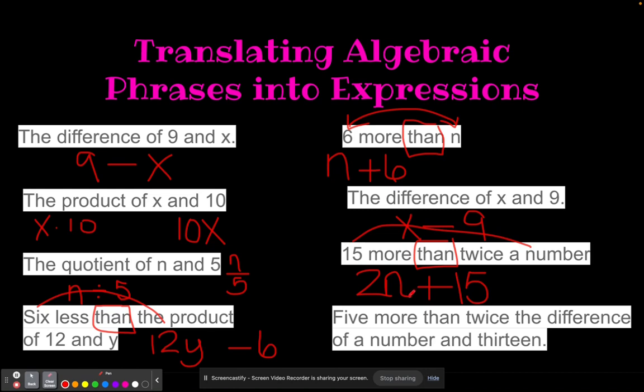Whew, this one's hard. 5 more than. So the than is your trigger word. That means it needs to go at the end even though it's at the beginning. So I need 5 more to be at the end. 5 more than twice the difference of a number and 13.